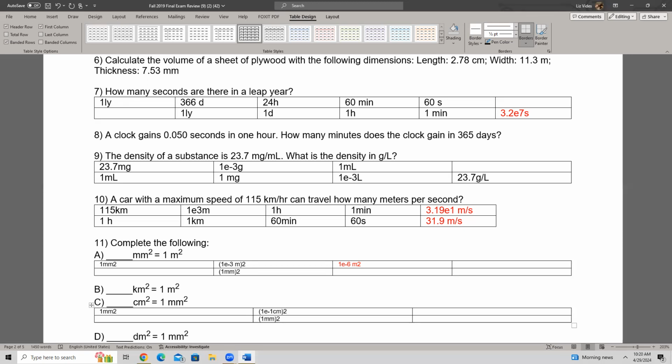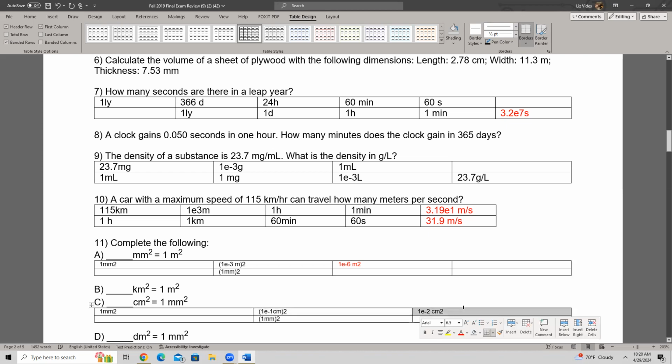If you're going from high to low, so top to bottom, then you're going to be positive, because you're going from a high one to a low one, and you're going to end up with, well, obviously, more of them, right? So 1e-2, and that would be centimeter cubed. See? So these are easy to convert.